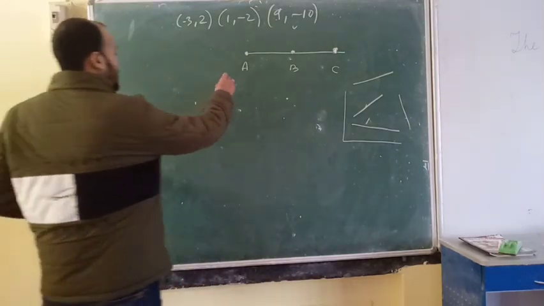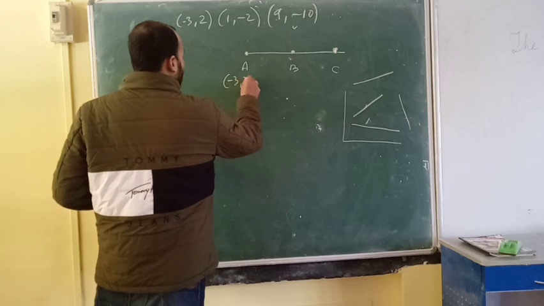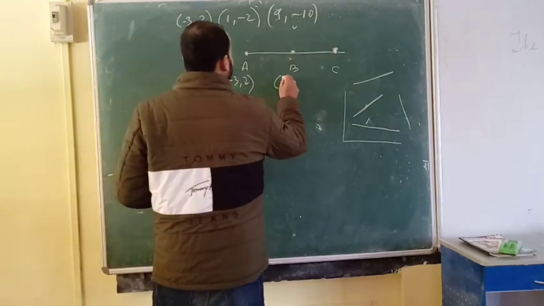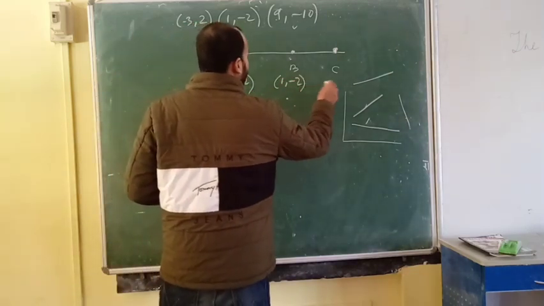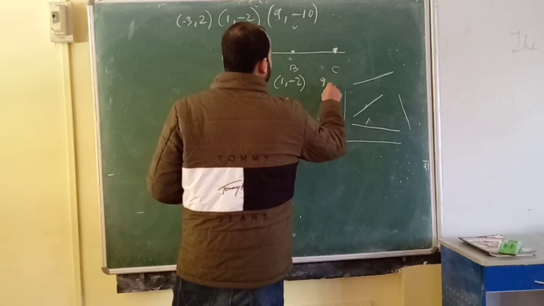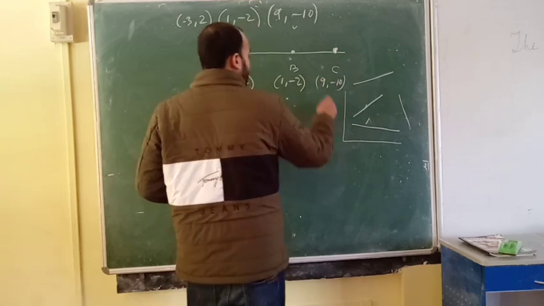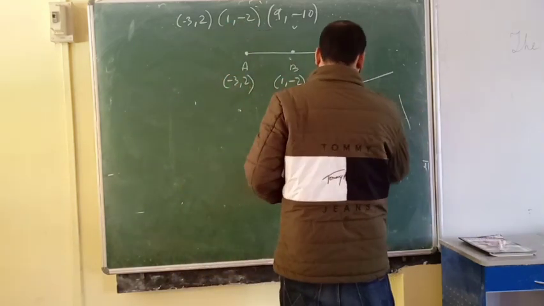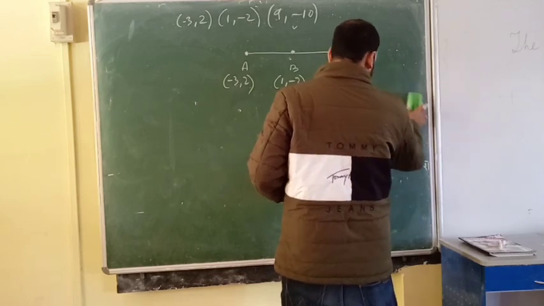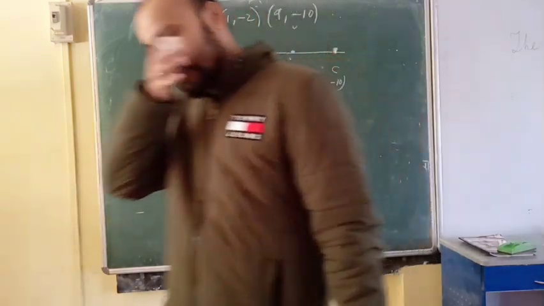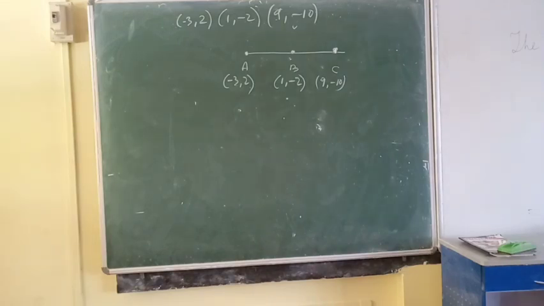Now, how can we prove this? Let us say A is minus 3, 2, B is 1, minus 2, and C is 9, minus 10. Now what we have to do? You calculate the distance between A and B, B and C, and AC.